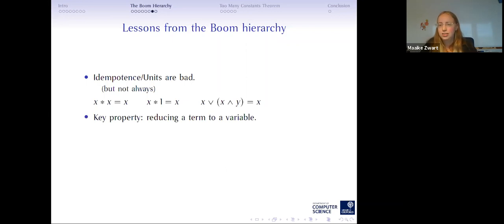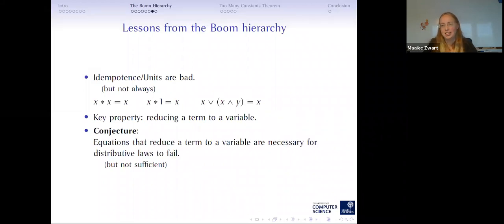Because in my thesis, every single theorem I have that proves a no-go theorem for distributive laws has this property. It needs such an equation at some point in the proof. And I even dare to make this a conjecture. I would say that equations that reduce a term to a variable are necessary for distributive laws to fail, but not sufficient.